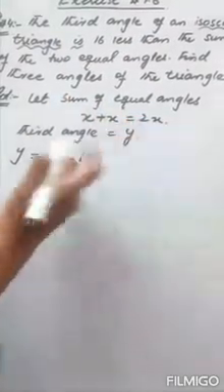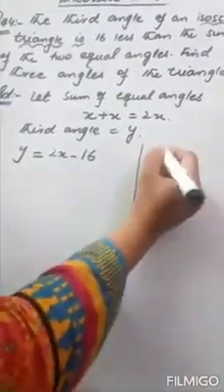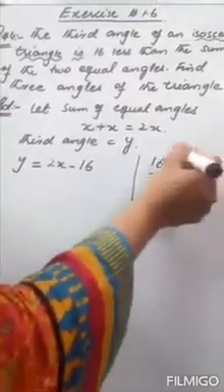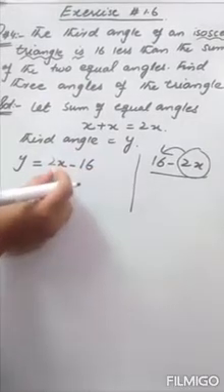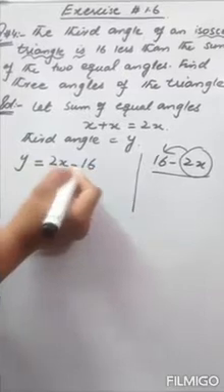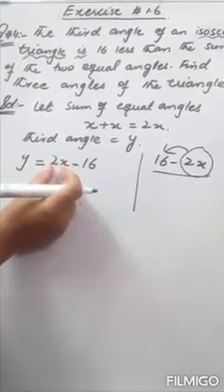The sum of the two equal angles, 2x. So it is 2x minus 16. We cannot write it like 16 minus 2x, because that would mean 2x is less than 16. But in the question, it is 16 less than the sum of the equal angles, so we write minus 16 from the sum of the two equal angles.